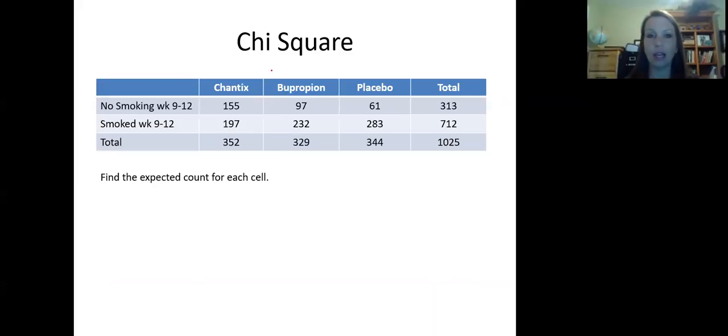We find expected count by taking the row total times the column total and dividing by n, our overall table total. So in my chart here, n is going to be this 1025 over here, and the totals we just get from the row and column totals.